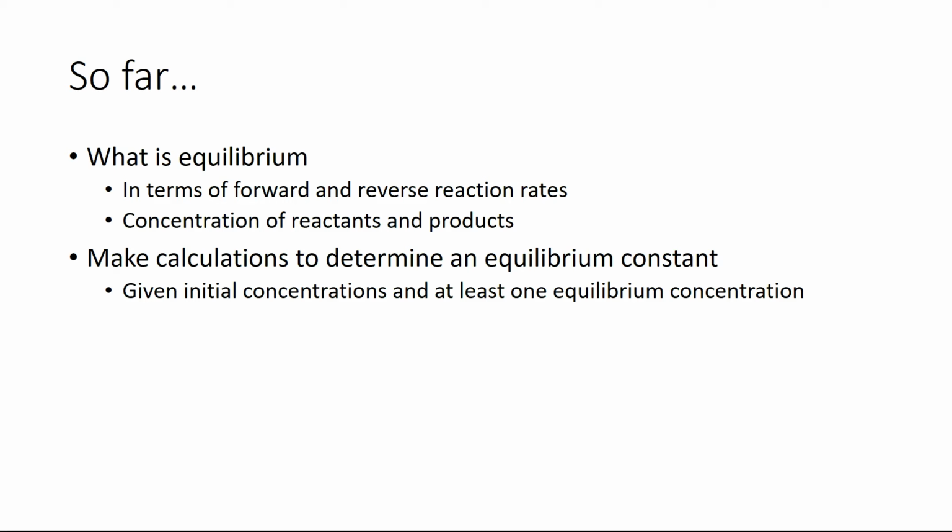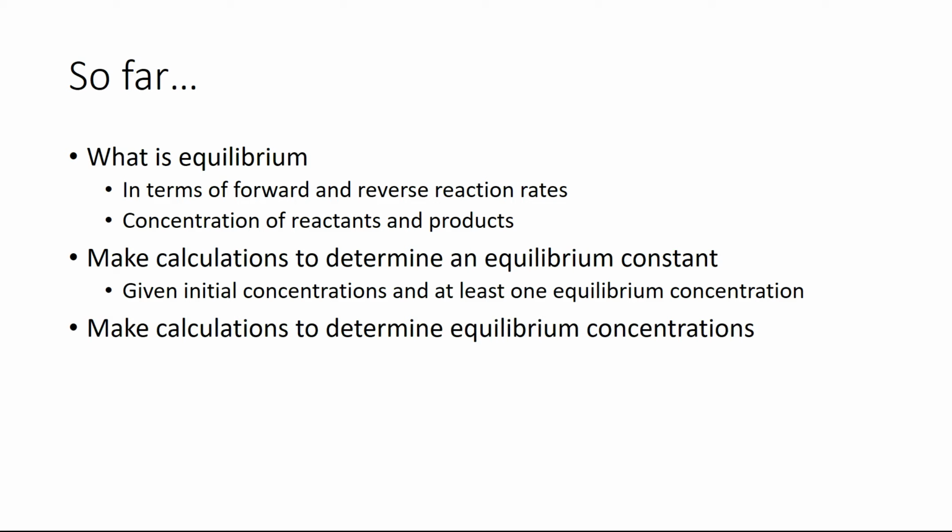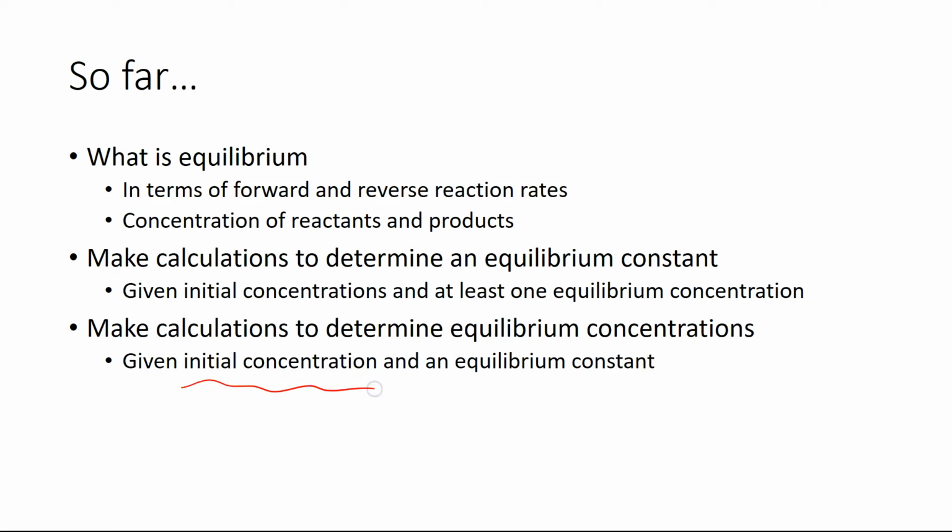And in order to do that, you need to be given the initial concentrations and at least one equilibrium concentration. Likewise, which was a little more math intensive for us, we learned to make calculations to determine the equilibrium concentrations. But in that case, you need to be given initial concentration again and the equilibrium constant.